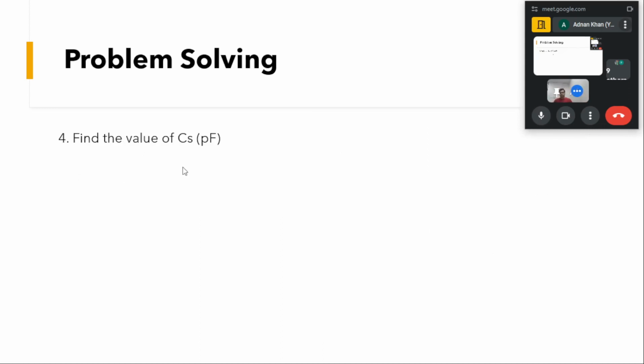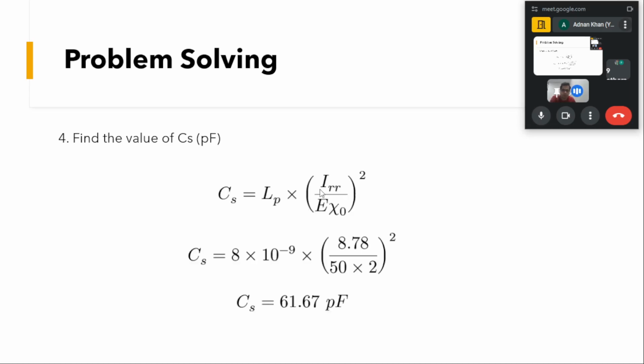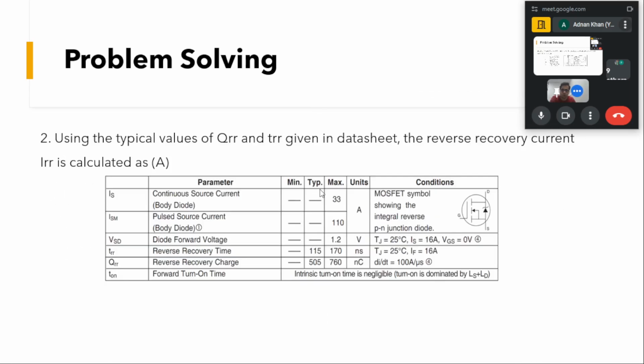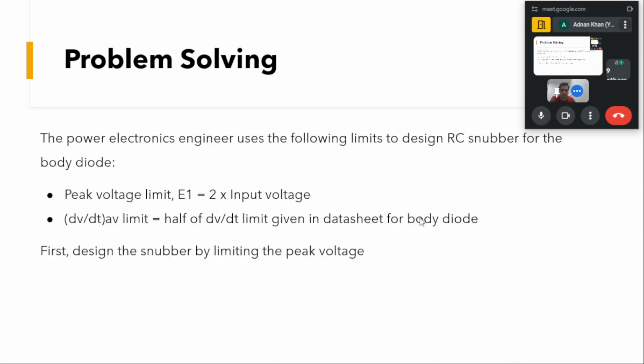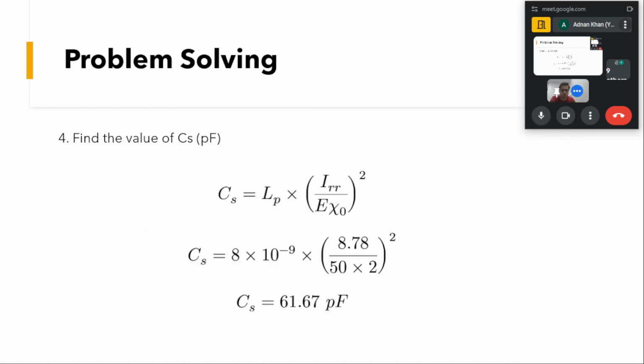So now what we have to calculate is the value of CS, the snubber capacitance, in picofarads. I had already told you, you just have to remember this equation. This equation will give us the value of the snubber capacitance. You just have to remember these two equations. LP is given in the question itself, that is 8 nanohenry.